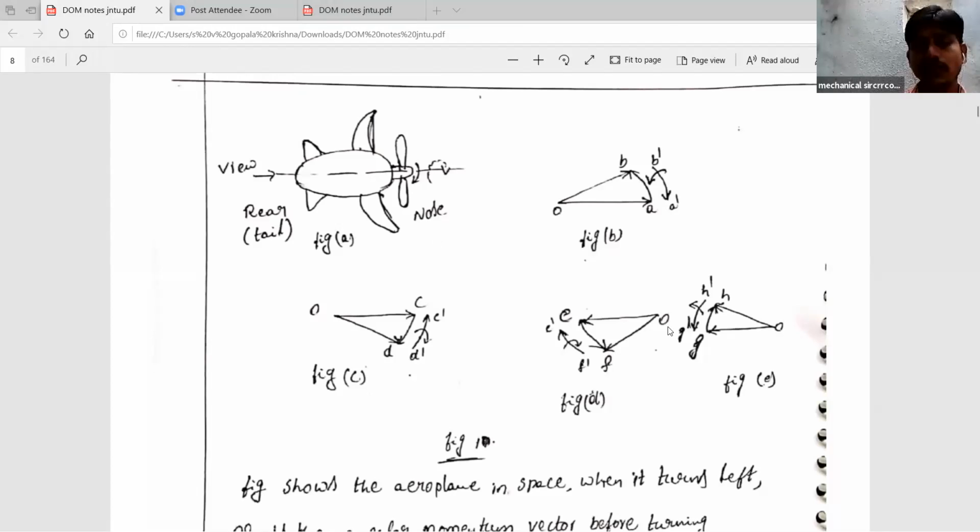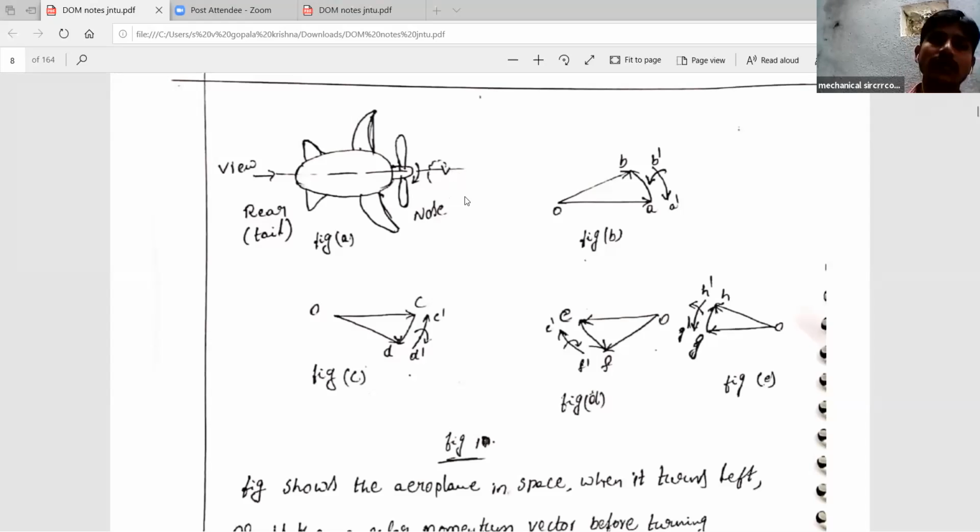Then the effect of gyroscopic couple is, as you observe in figure C, when it takes the right turn, to dip the nose and raise the tail, here D. That means the direction of rotation is clockwise and the turning movement is a right turn.